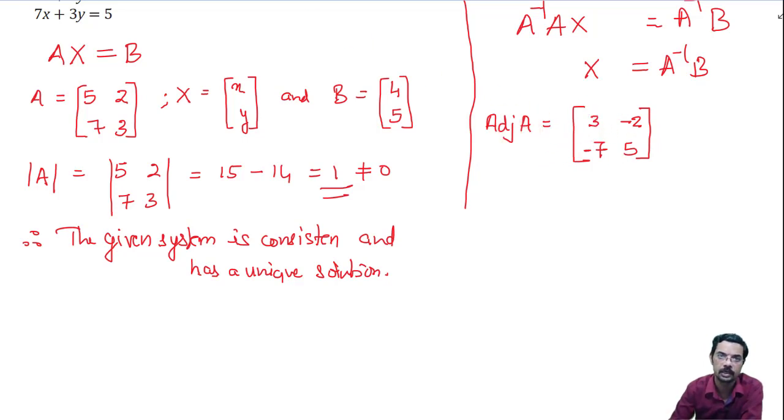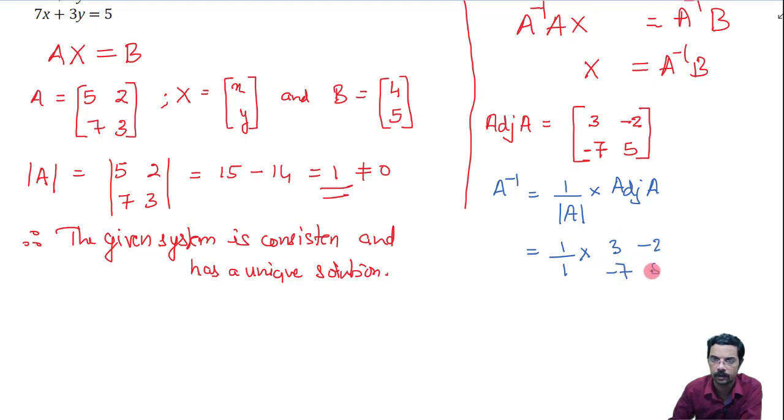Now how to find the inverse of A? A inverse will be equal to 1 by determinant of A into adjoint of A. That is equal to the adjoint of A itself, because the determinant of A is 1, so it is 1 by 1 into 3, minus 2, minus 7 and 5.